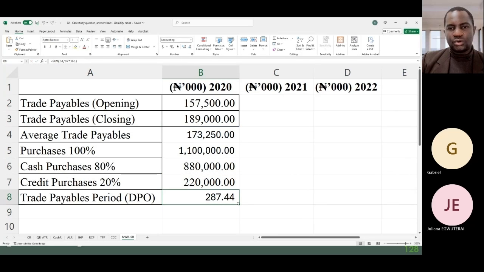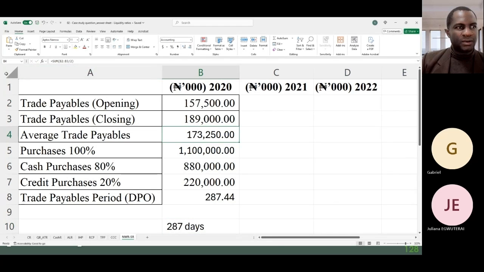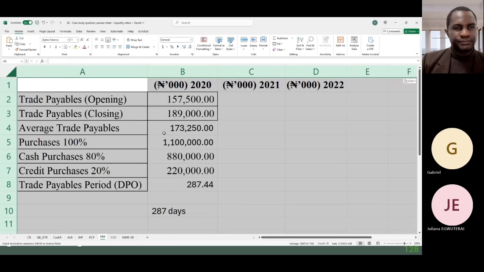And we have it as 287 days. So it's not up to 50. Wow, that's long. 287 days. That's really long for trade payables.